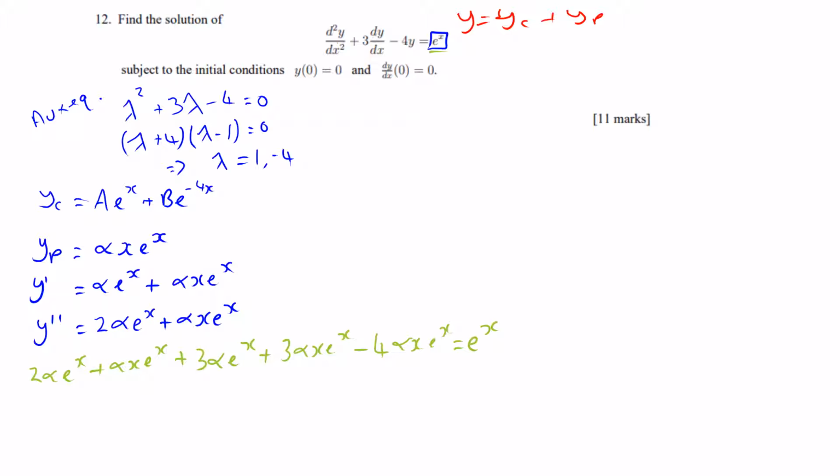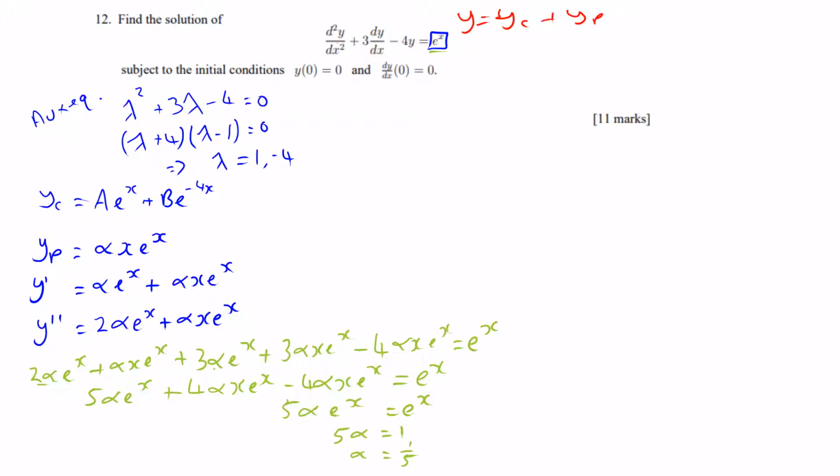So if we just collect like terms, 2 alpha and 3 alpha, so it's 5 alpha e to the x plus 4 alpha x e to the x minus 4 alpha x e to the x equals e to the x. So 5 alpha e to the x is equal to e to the x. So this tells us that 5 alpha equals 1, alpha equals a fifth.